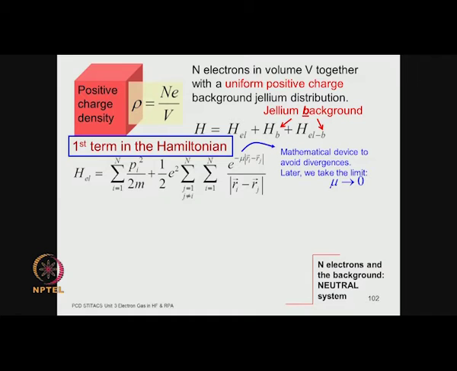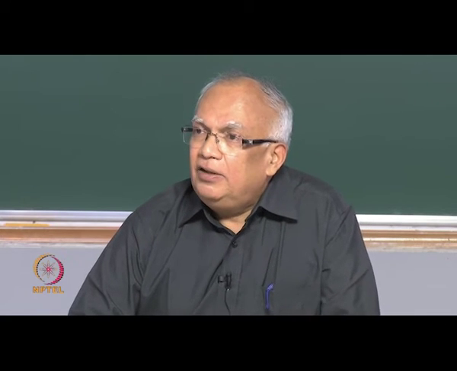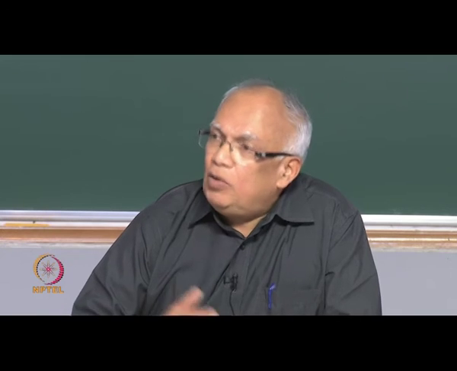Okay? Now, this has certain advantages, and you will begin to see these advantages very soon. So, this is just a mathematical device which is necessary to avoid certain divergence that we otherwise get, but with this mathematical tool we can handle the divergence very nicely. So, this is the first term in the Hamiltonian.